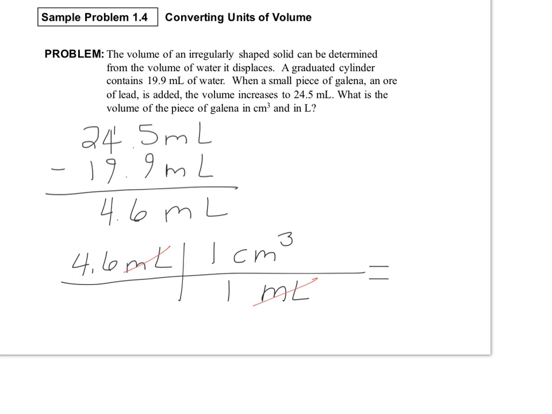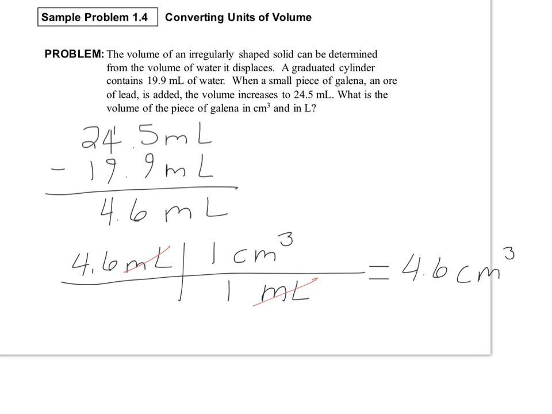Then I have cubic centimeters, and that's the only unit that I have left here, and that's one of the units the problem wanted me to solve for. So let me write that down, cubic centimeters. Now I can look at the numbers and do the math. I'm going to have 4.6 times 1 divided by 1, which is equal to 4.6 cubic centimeters.